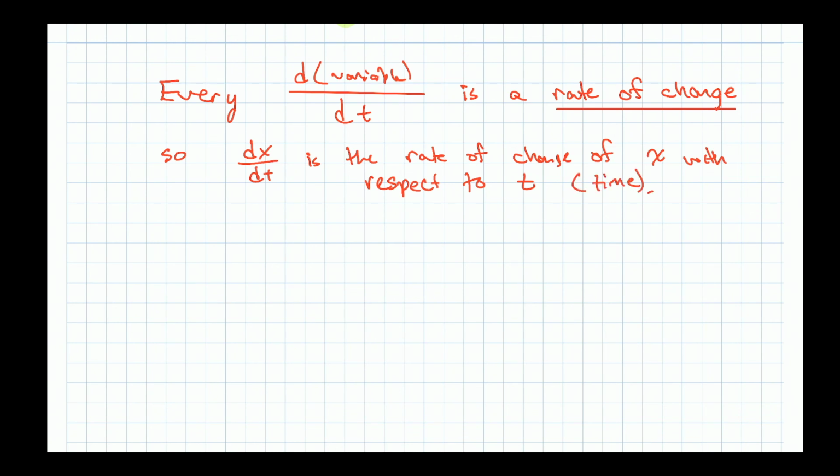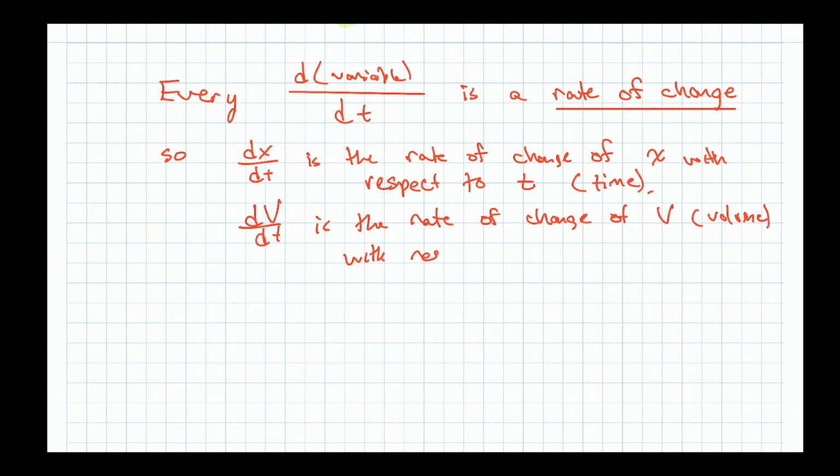Like dv dt is the rate of change of, maybe that's v, maybe that's volume, with respect to t, which is probably time, right? And so on. So every dx dt or anything dt is a rate of change.